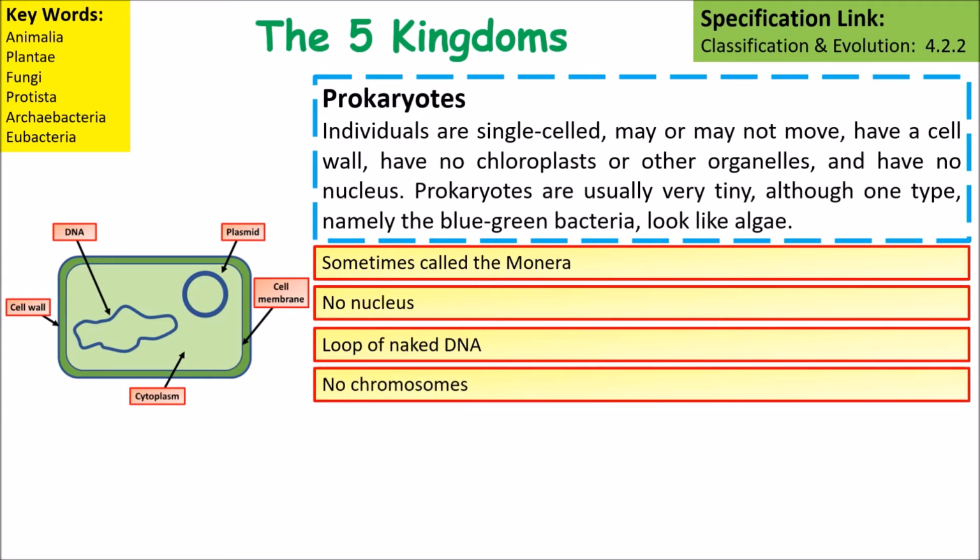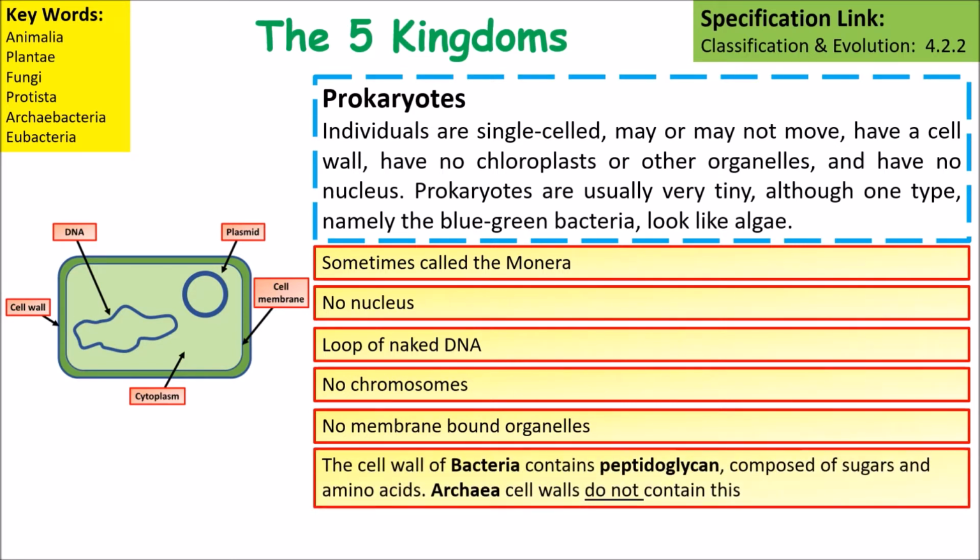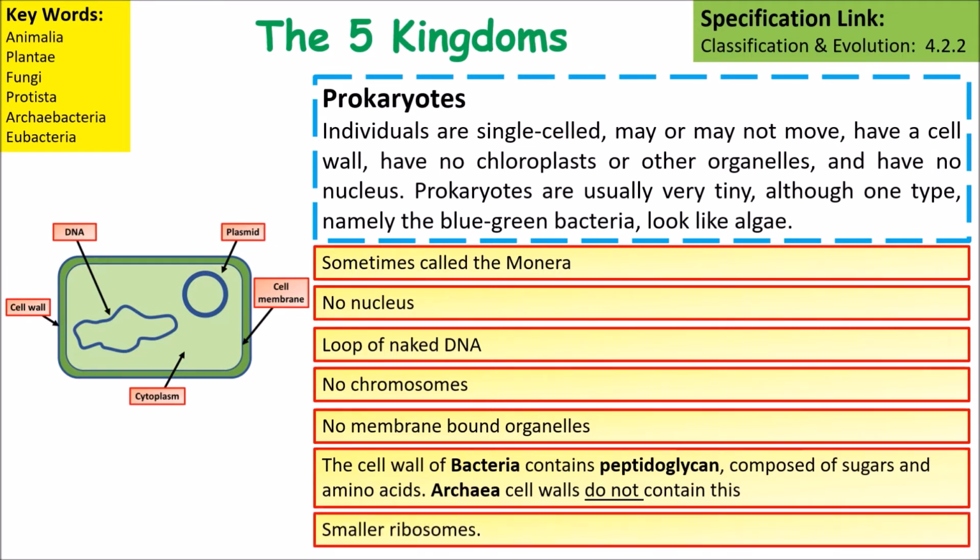They've got no chromosomes and no membrane-bound organelles. The cell wall of bacteria contains peptidoglycan, composed of sugars and amino acids. Archaea cell walls do not contain this, and they've got smaller ribosomes than eukaryotic cells.